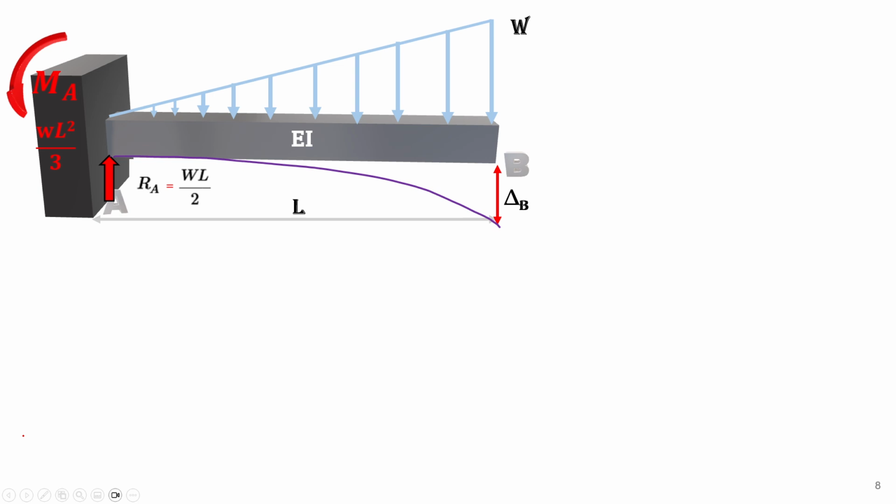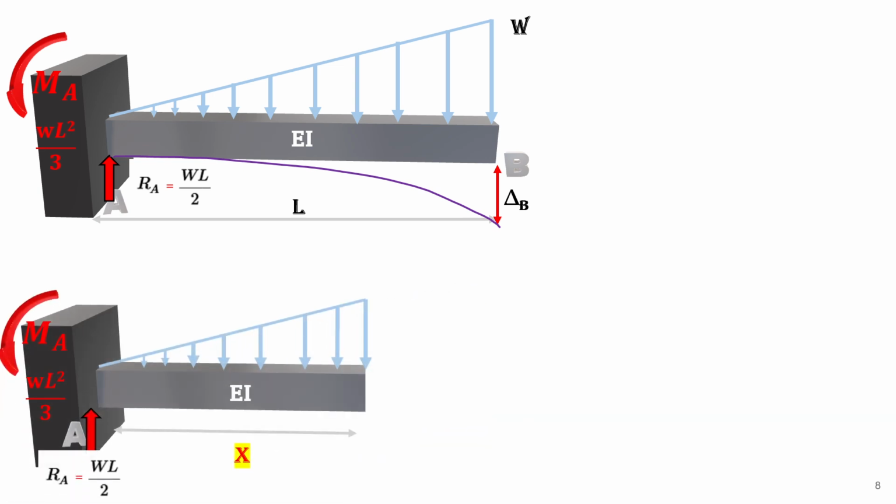As soon as we have our reaction and our moment at the fixed support, we can cut our beam at a length of x and develop the moment equation for that part.